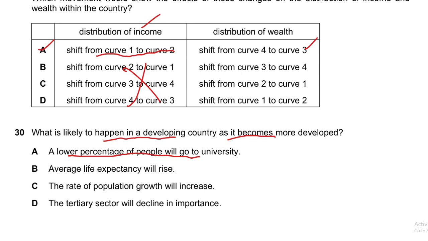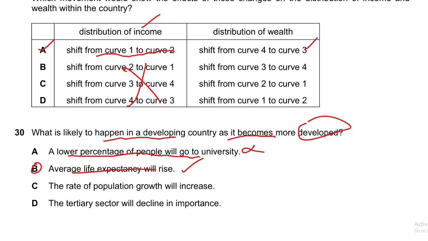This is incorrect because in developed nations people can afford to go to university. And option B is average life expectancy will rise. So this is the correct answer because in developed countries there are better facilities, medical facilities, better living standards. So as a result, life expectancy increases. And option B is the correct answer.